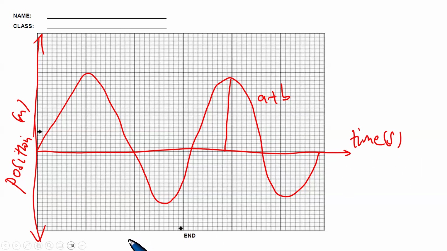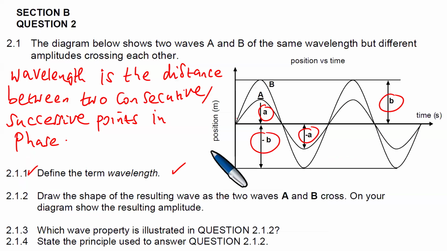This is the rough graph we're going to have, because you can see that these waves are in phase with each other. You can see the crest and the crest on top of each other, and the trough and the trough on top of each other.